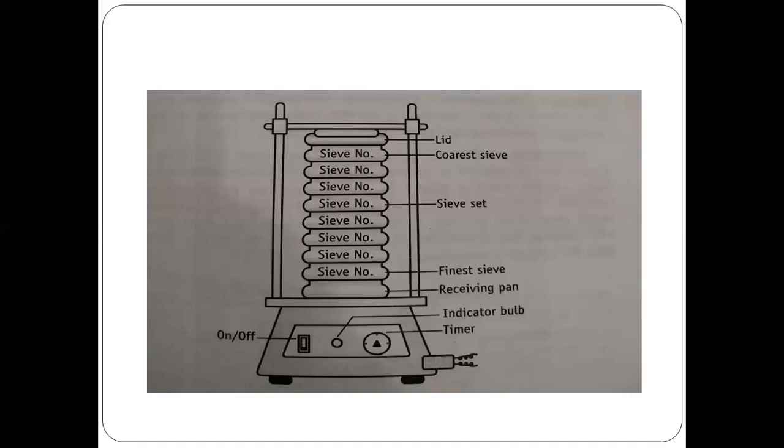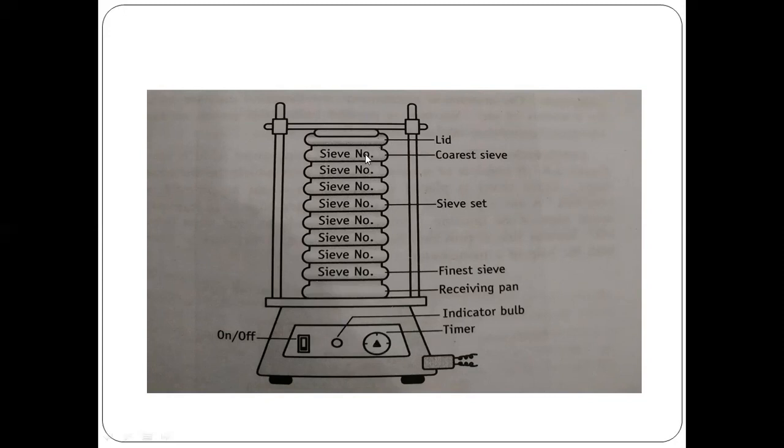So this is the diagram of a typical sieve shaker machine which is used for size separation. Here we can see the equipment. This is the uppermost sieve and this is the lowermost sieve, which has the finest mesh aperture, and this is the coarse sieve aperture.